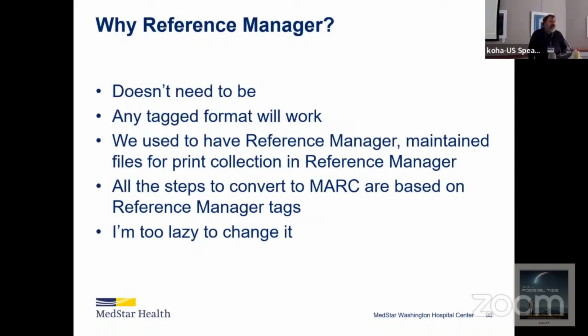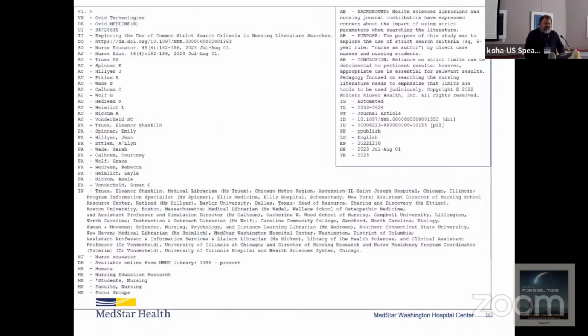Basically because I already had it set up and it's not important enough to change. I'm too lazy. The tag format could be RIS, EndNote, XML, whatever. And this is what it looks like when I download. See, lots of information, lots of teeny type.